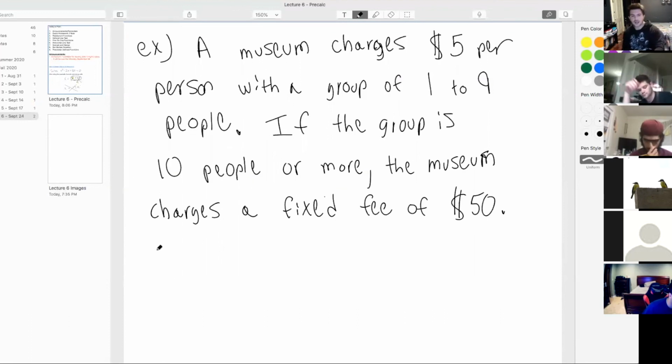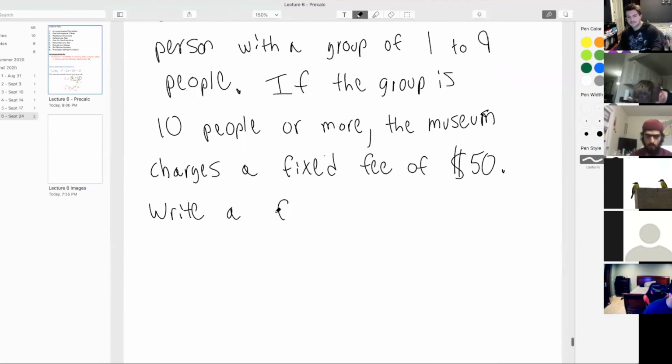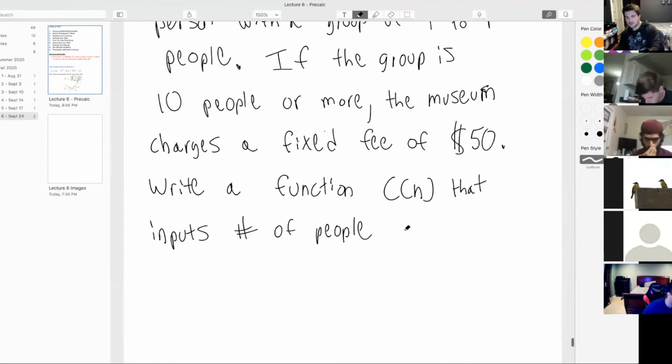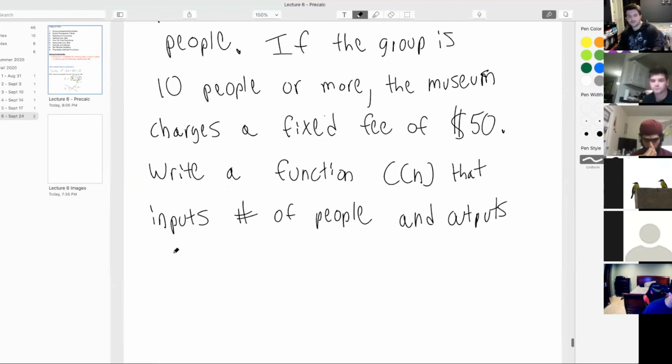So the task is to write a function, call it C of n, that inputs the number of people and outputs the price of entry into the museum.